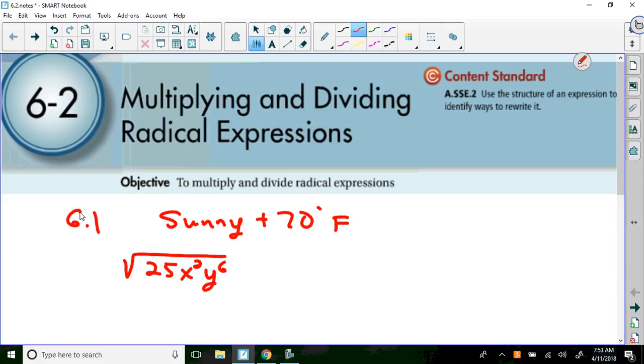Everything under the radical, like this 25, is not going to be under the radical anymore. The square root of 25 is 5, so we can rewrite this as 5 times something. The square root of x squared is x. And the square root of y to the 6th is y to the 6th divided by 2, or y to the 3rd, or y cubed.